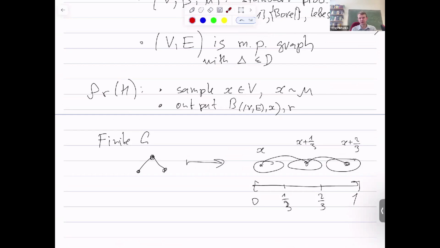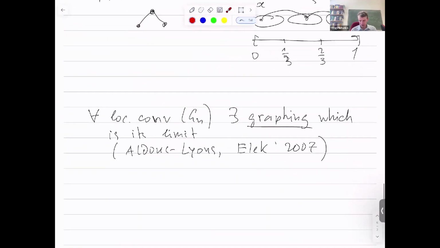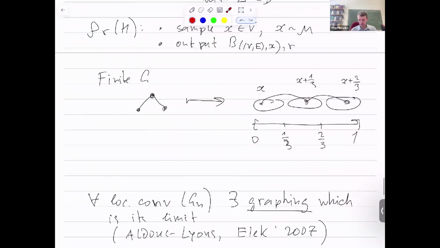In the finite world, it corresponds to the fact that any bijection preserves sizes. So in the limit, this property has to carry over. And so we know each sequence has a graphing, but it's still widely open which graphings come from finite sequences. And also there are usually many choices.